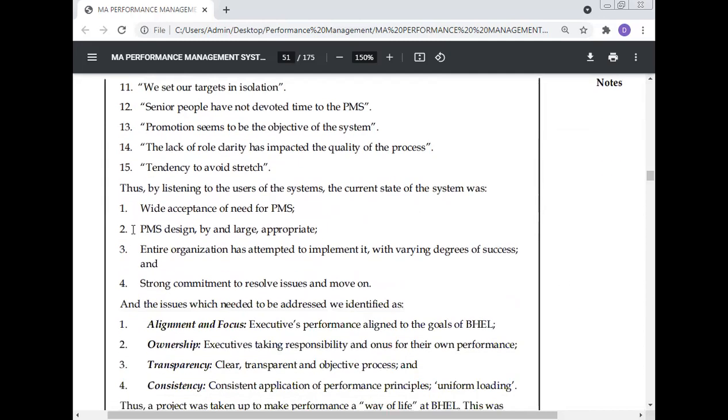Thus, by listening to the users of the system, the current state was wide acceptance of the need for the performance management system. The design is by and large appropriate. The entire organization has attempted to implement it with varying degrees of success and a strong commitment to resolve issues and move on.